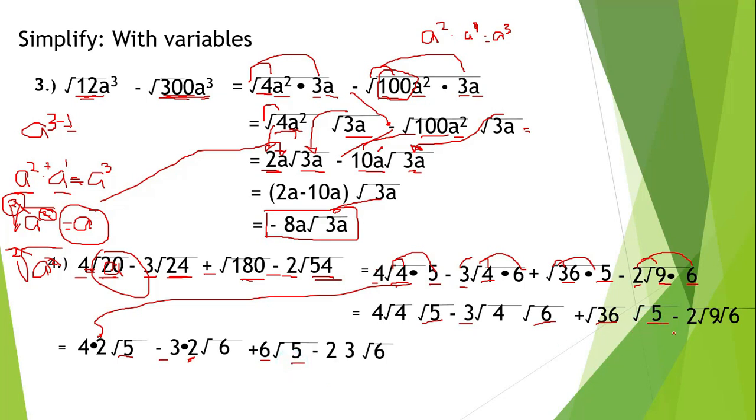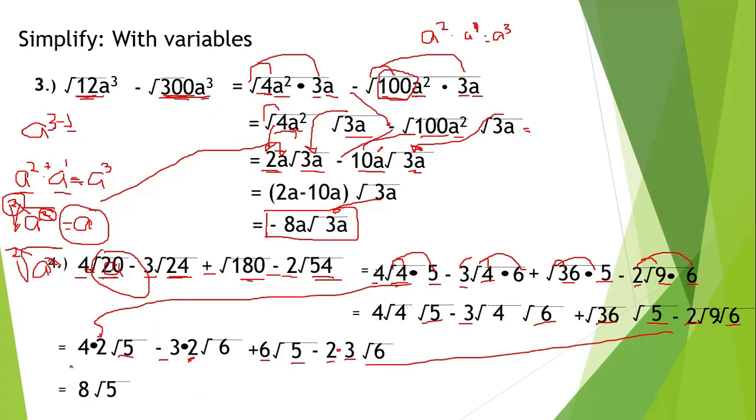Next, this one is multiply. Bring down the negative 2. Then the square root of 9 is 3. Then bring down the square root of 6, since square root of 6 is already in the simplest form.